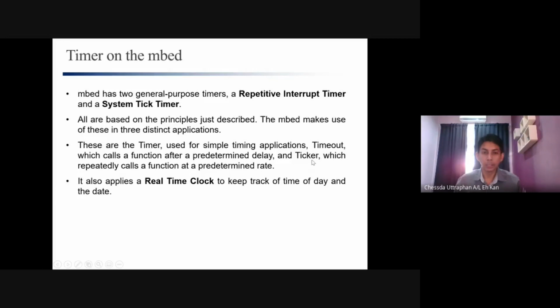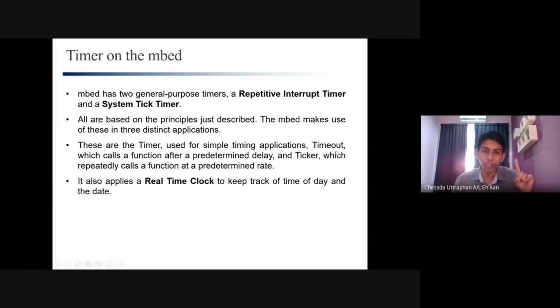A ticker is a repetitive timer, meaning that when you set the ticker for 10 seconds, every 10 seconds it will give you an interrupt signal. It is a repetitive timeout.